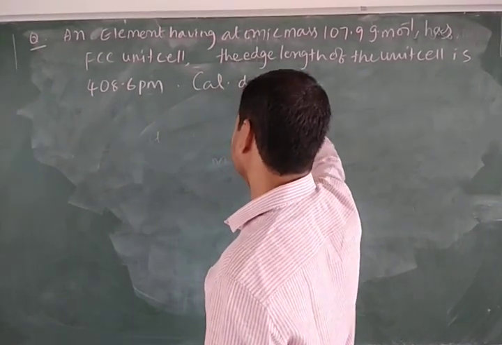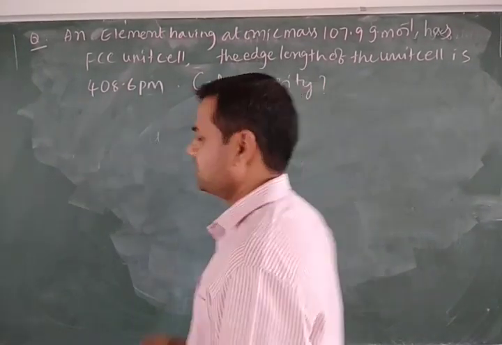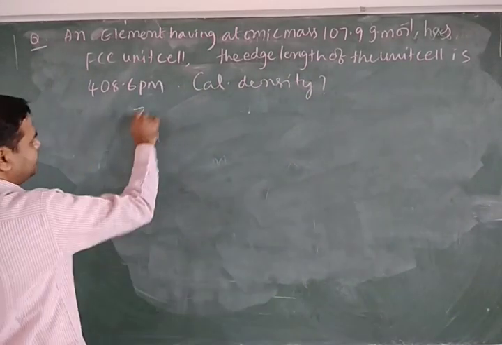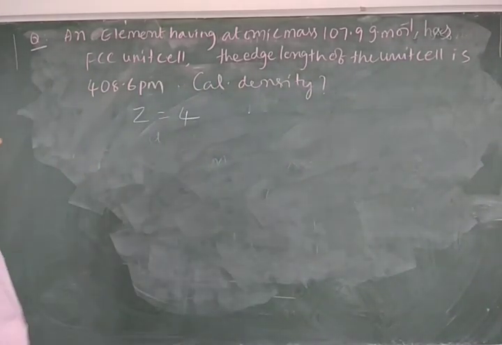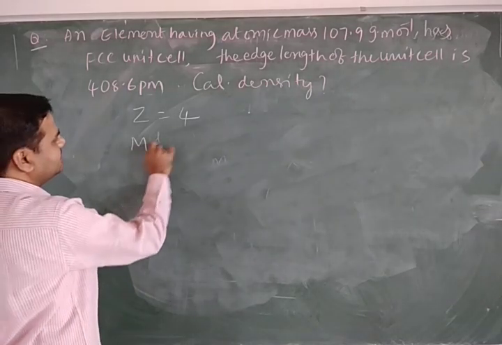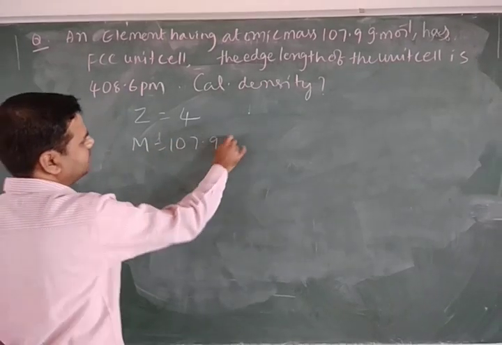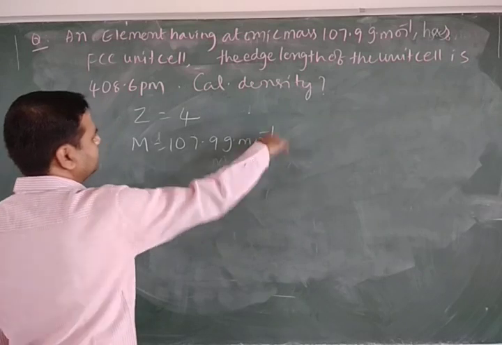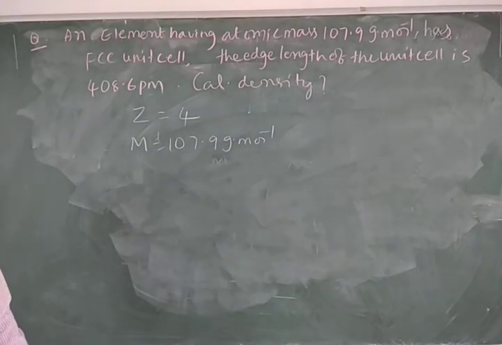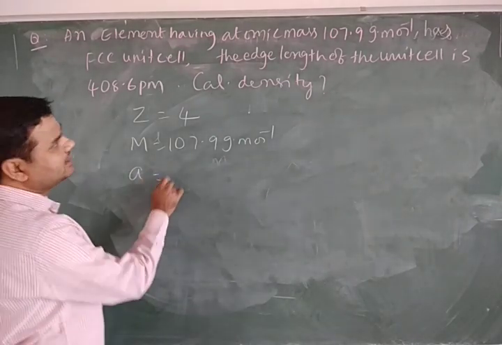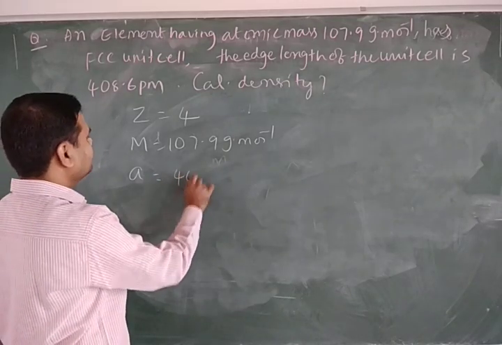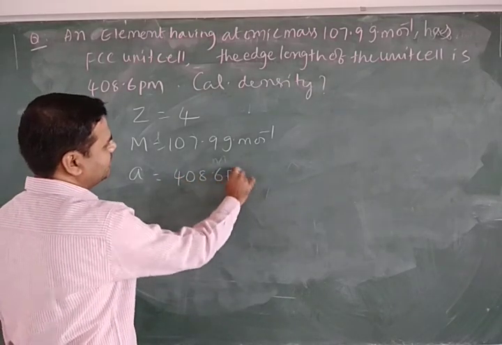So what is the Z value? It is FCC, so 4. Molar mass is given, M is 107.9 gram per mole. A value is also given, you can take the edge length value already given in the question, 408.6 picometer.